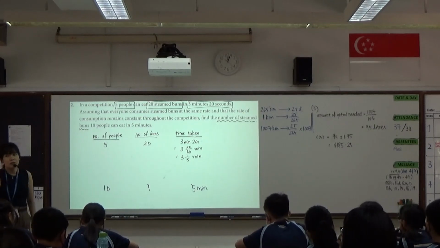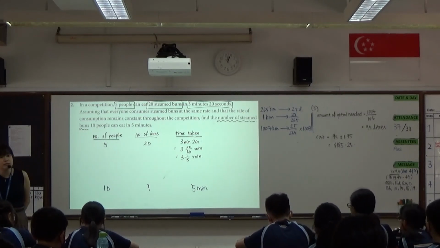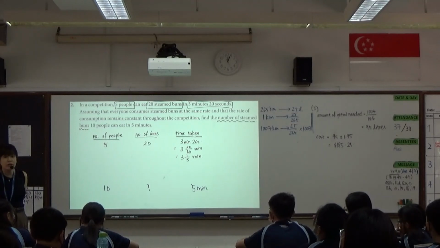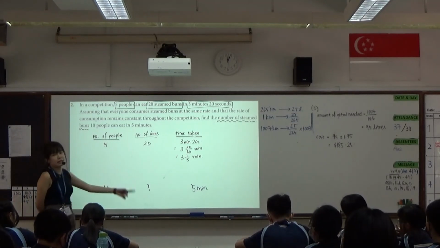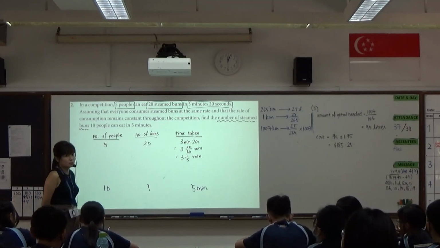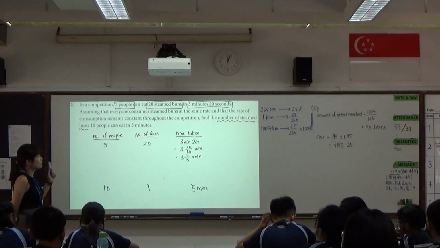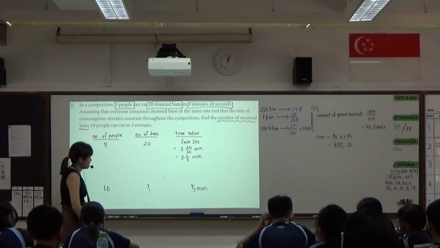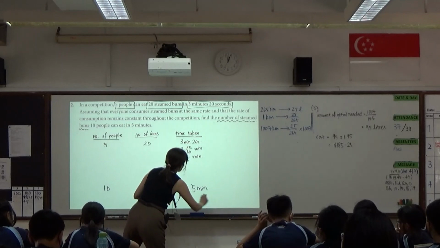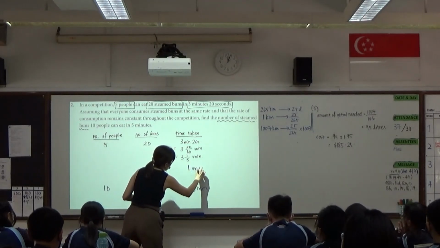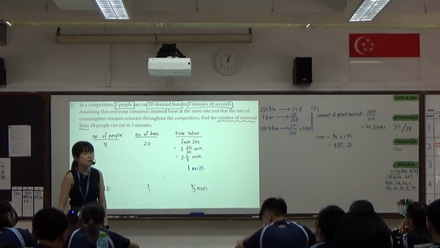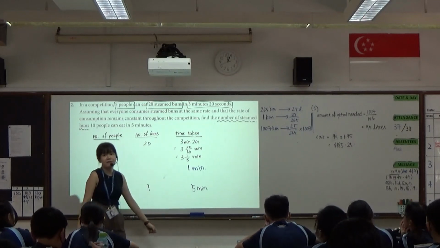To work this out, we do this 2 at a time. We don't be greedy and do everything in one go because it will not work. So what we do is consider making this 1 minute first, because if I have 1 minute, I will be able to find 5 minutes.